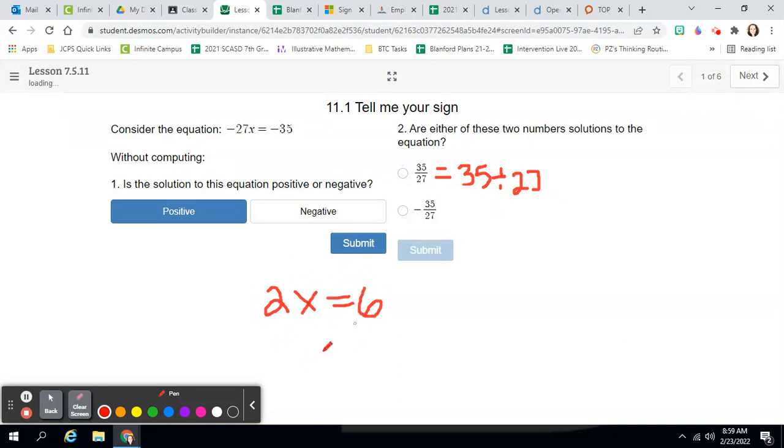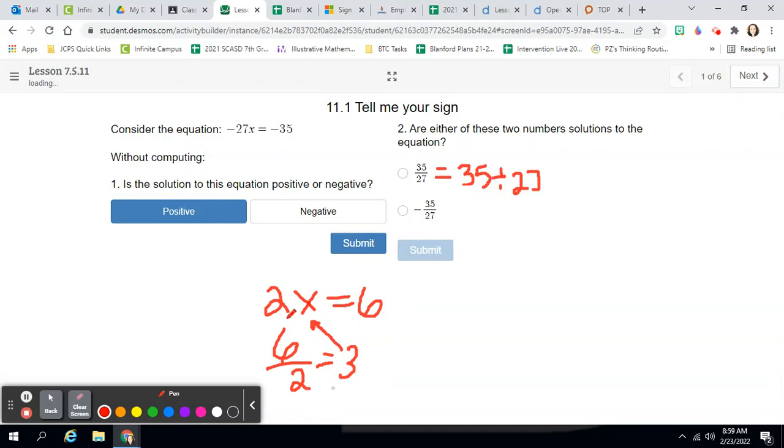That's simply saying what number do I multiply 2 by to get 6? And if I were to solve that, I would use division. I would say, oh, well, 6 divided by 2 is the answer to x, and we know that also equals 3. So the answer here is 3. 2 times 3 is 6.